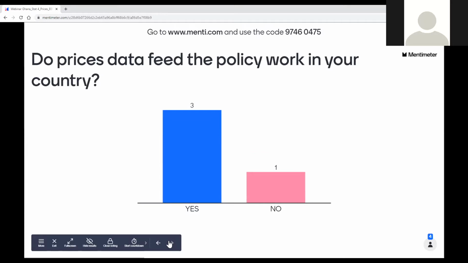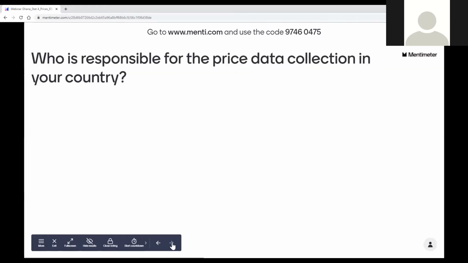One that does not know. So good. We have more people that think that prices data feed policy work in their country.